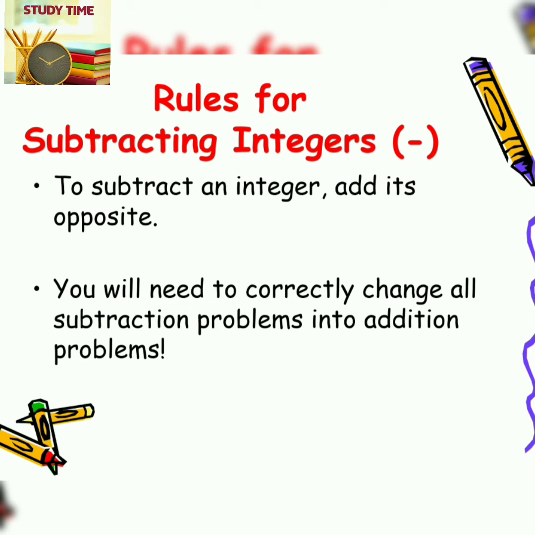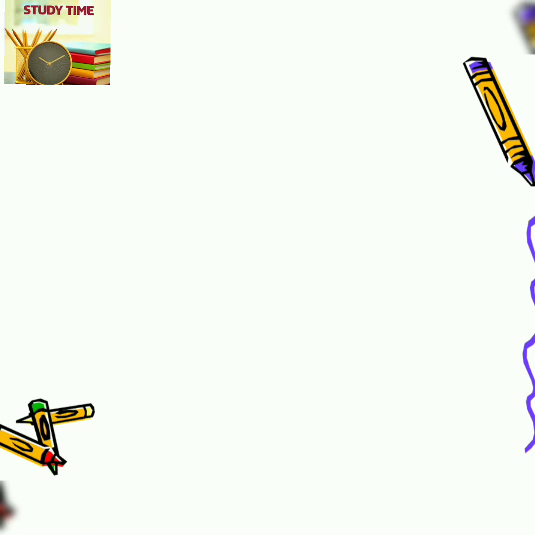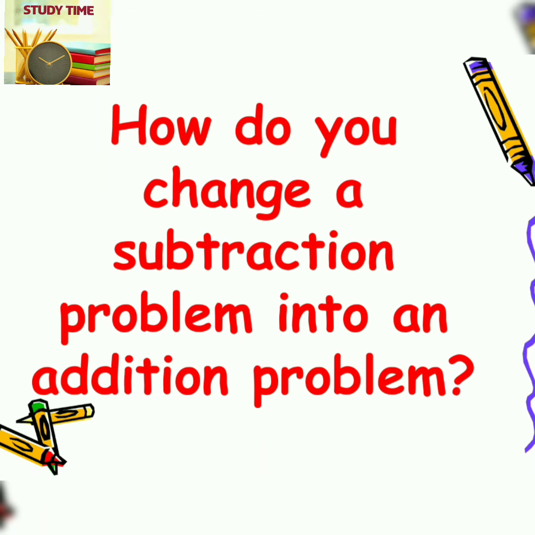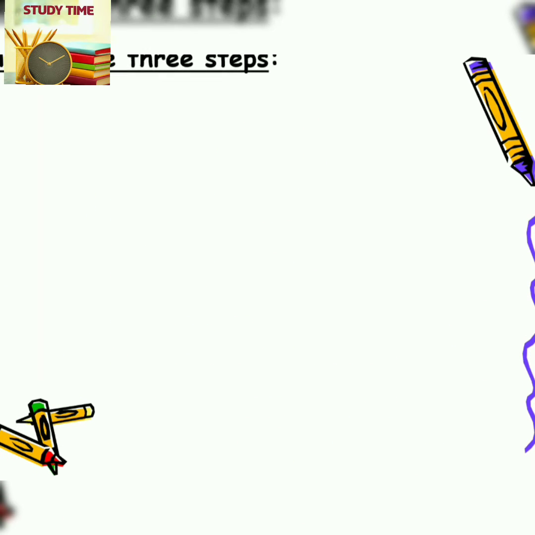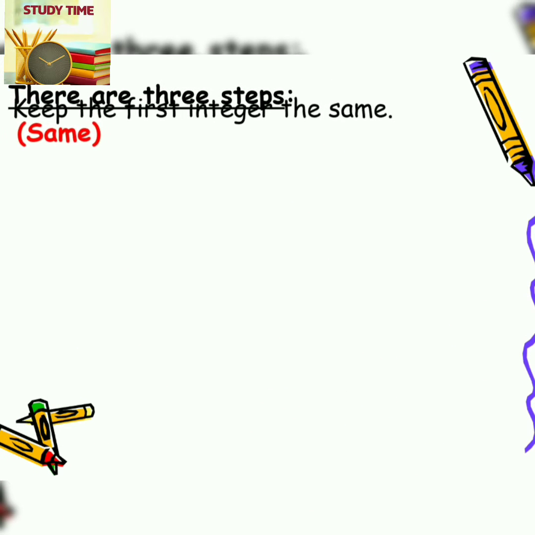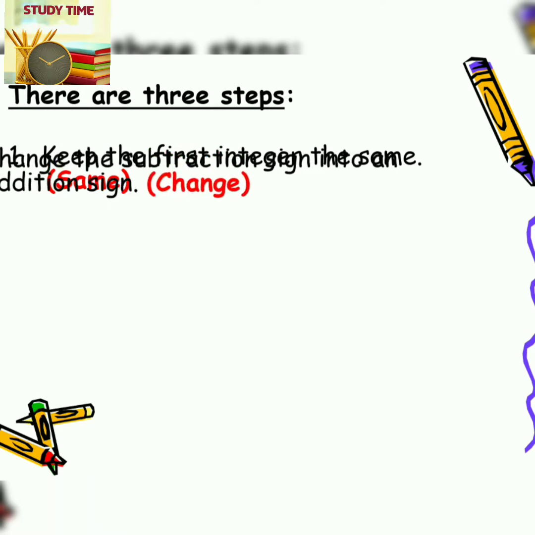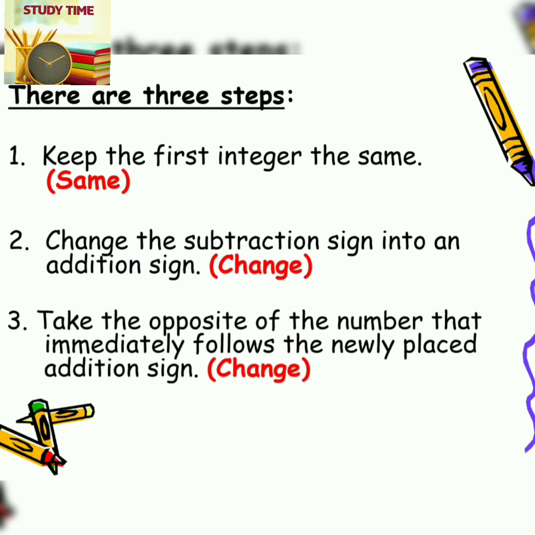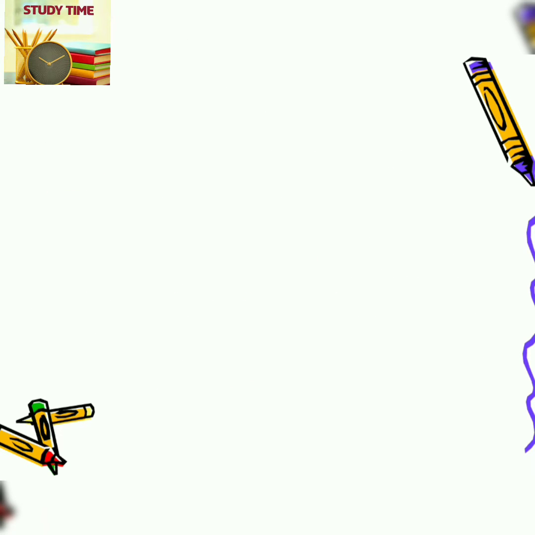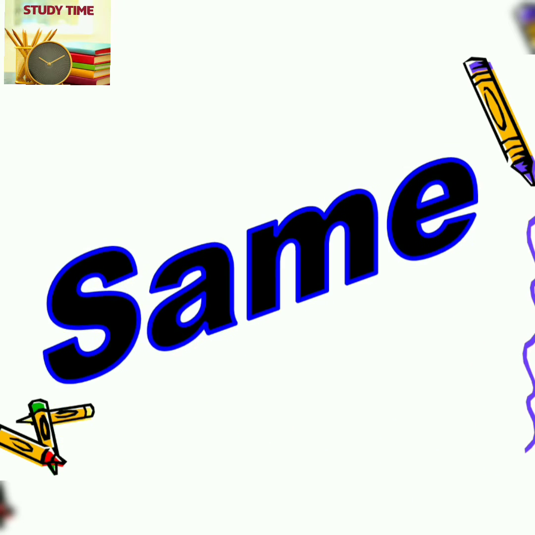And you will need to correctly change all the subtraction problems into addition problems. Now the question is, how do you change a subtraction problem into an addition problem? There are 3 steps. First is keep the first integer the same, change the subtraction sign into an addition sign. Third is take the opposite of the number that immediately follows the newly placed addition sign.